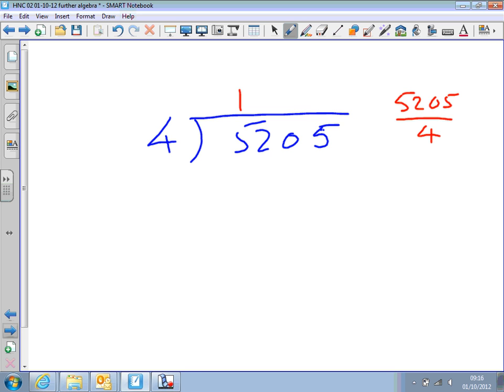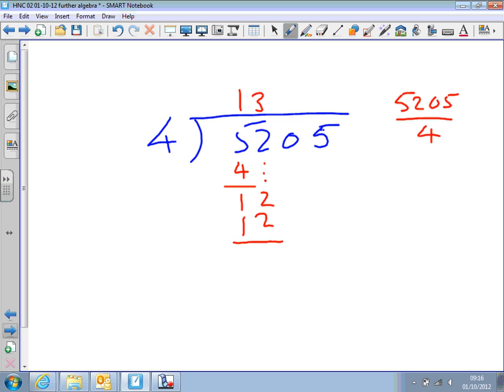Yeah, okay, so that goes down here. 4 into 5 goes once, so 4 into 5 is 1. Yeah, so do the takeaway. 5 take away 4 is 1. Bring the 2 down. 4s into 12 go exactly. Okay, so 4s into 12 go 3. What are 4 3s? 12.